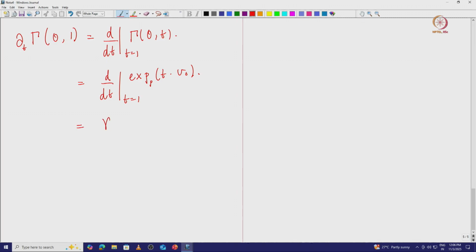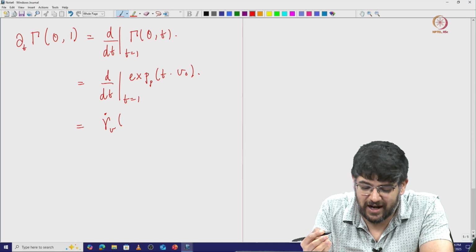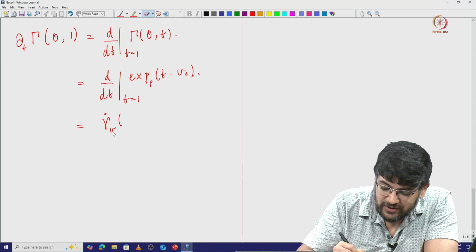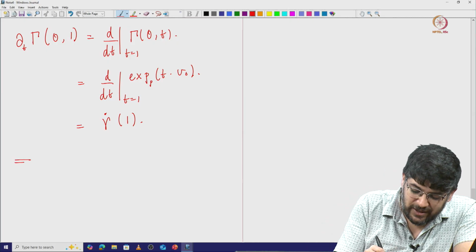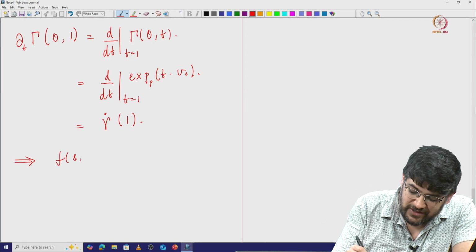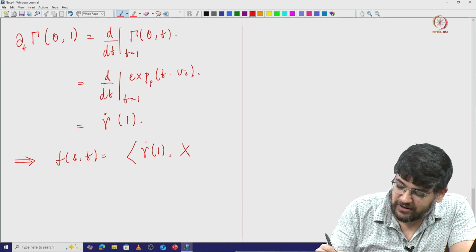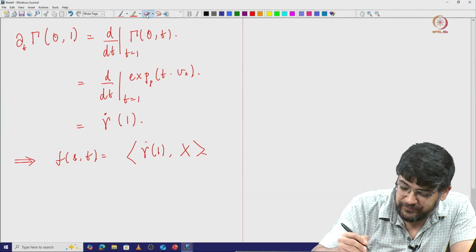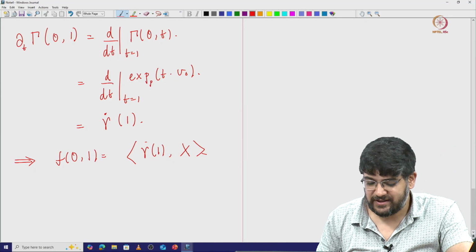But that is precisely this. I mean, gamma exponential of t times v naught is the geodesic gamma of t. So this is precisely the derivative of gamma at 1. So that implies that f of s comma t is gamma dot of 1 at 0 comma 1 is just this.